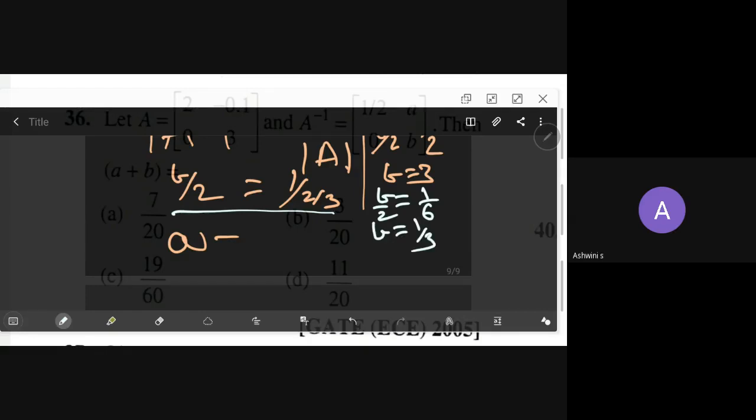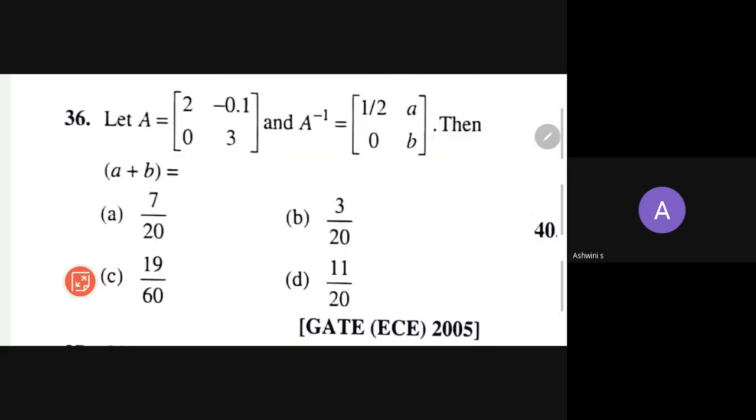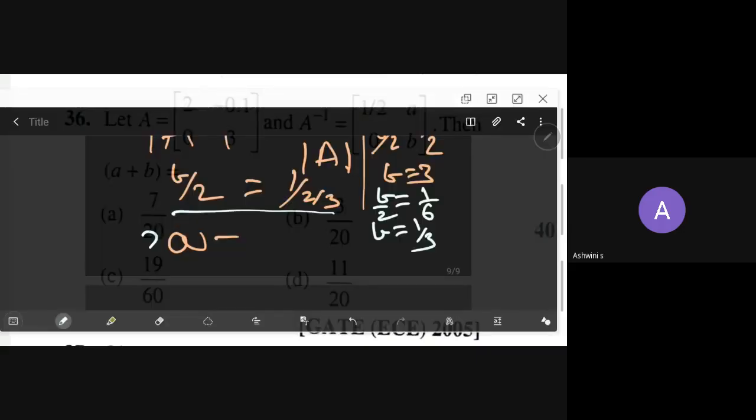So now one relation involving A and B is enough. That one is just first row, second column you multiply. First row multiplied by the second column is 0 because A into A inverse is identity. So that is 2A minus 0.1B is 0.